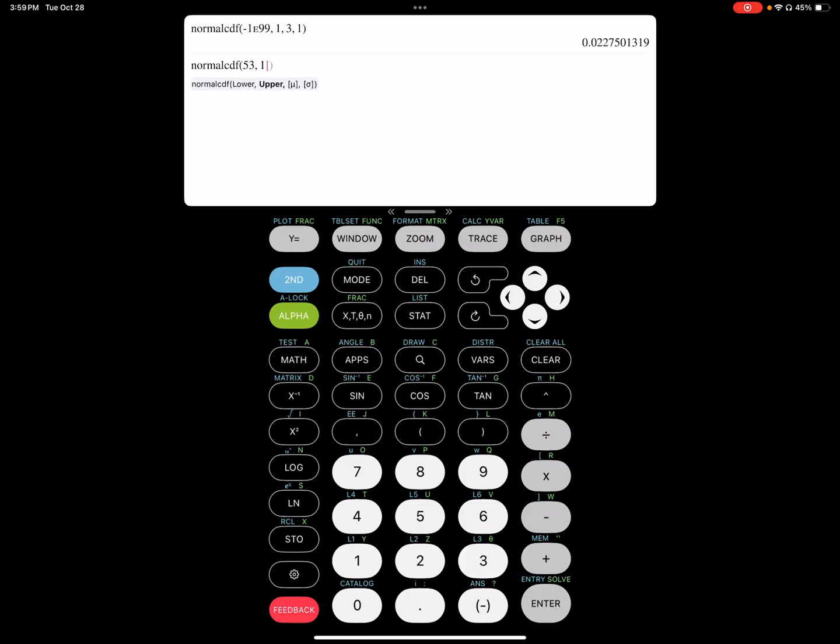I've got 1 second E, 99 is my upper. Then I've got 40 as my mean, and then I have 10 as my standard deviation. Okay, and I get 0.0968.